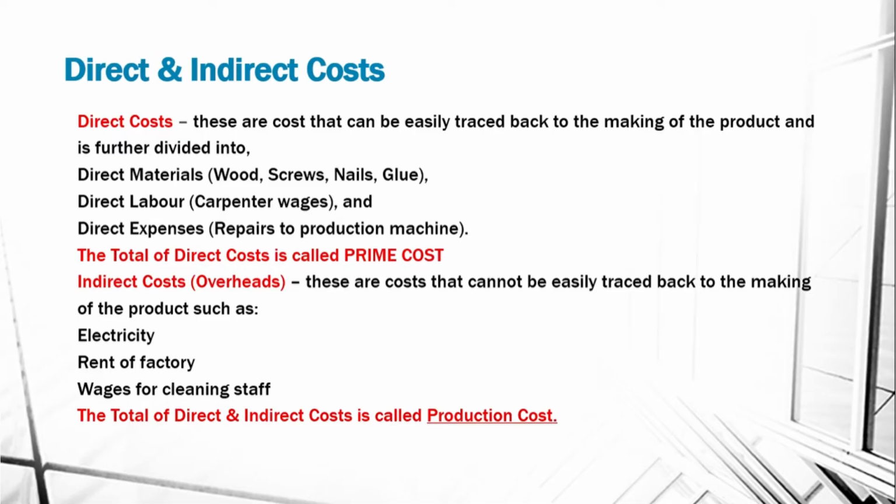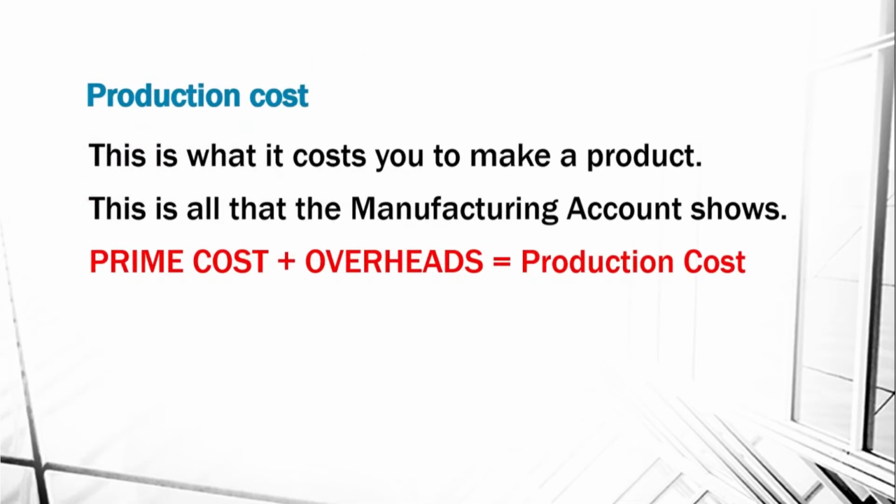Now, the good thing about manufacturing is that when you add the direct cost to the indirect cost, you get another cost that is called production cost, and that is really all that the manufacturing account seeks to calculate. Remember, manufacturing accounts come from firms that manufacture or make their own products. So it makes sense that they would want to find out how much it costs to make what they are making, and that is what the manufacturing account shows, right?